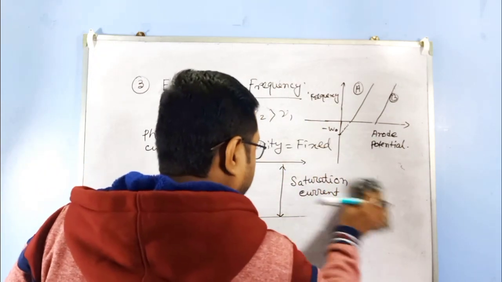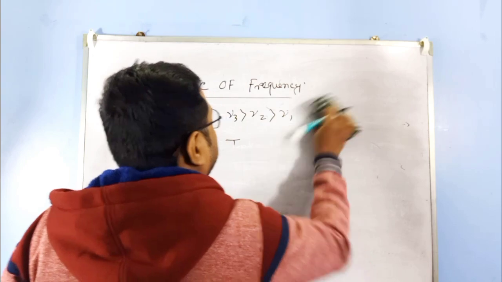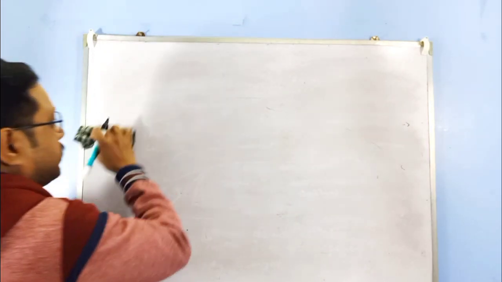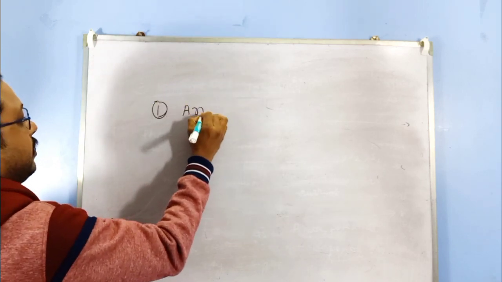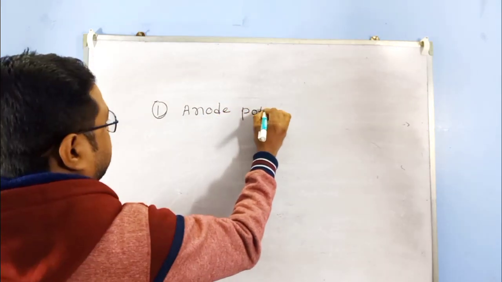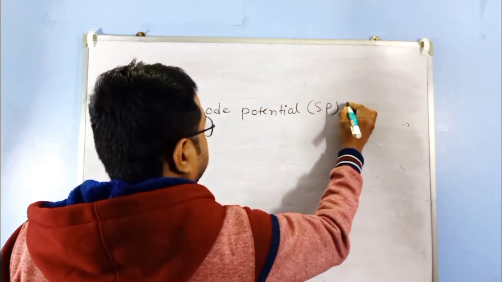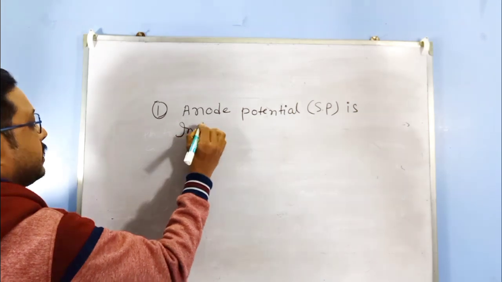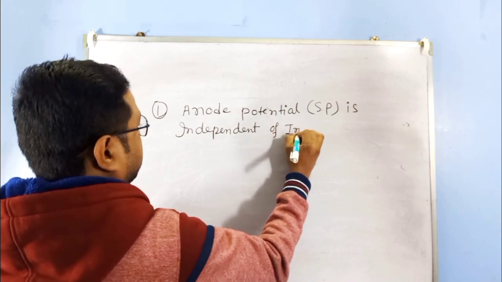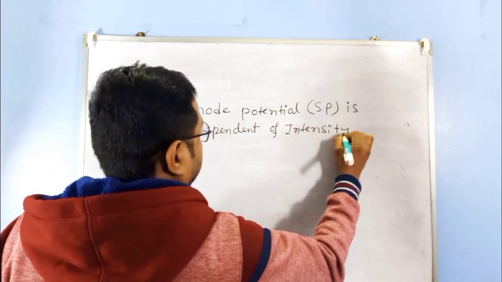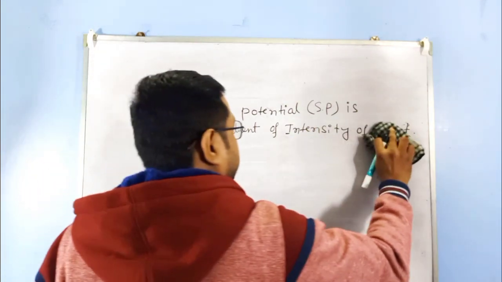So, if we write it, what can we get? Number 1, anode potential or stopping potential is independent of the intensity of light or incident radiation.